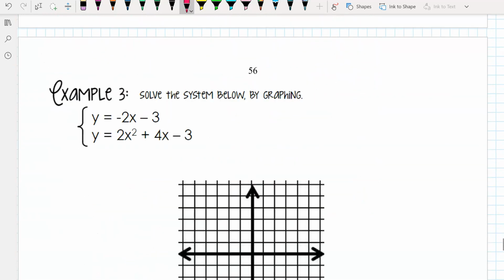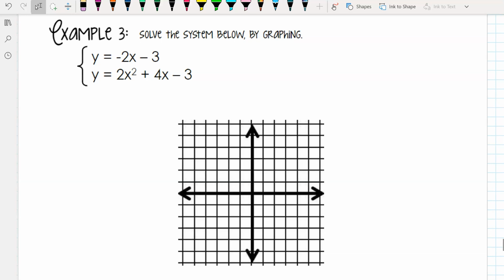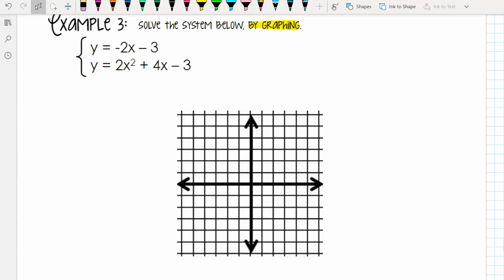All right, so example 3 is a graphing question. So solve the system by graphing below. So graphing. So we know how to graph linear. We have our m and we have our b. So m here is -2 and b here is -3.